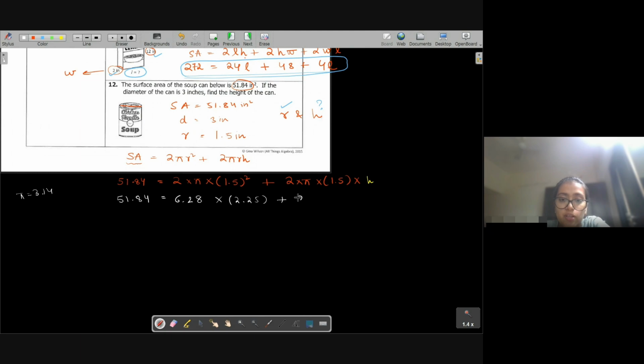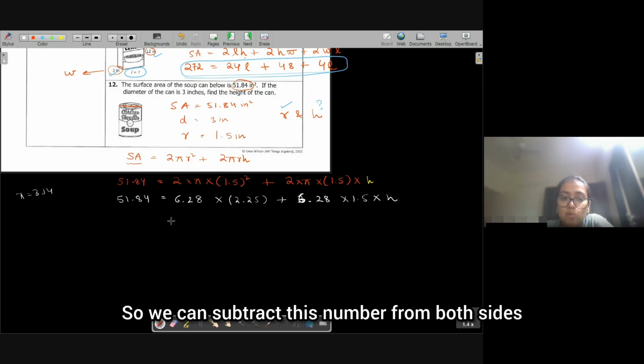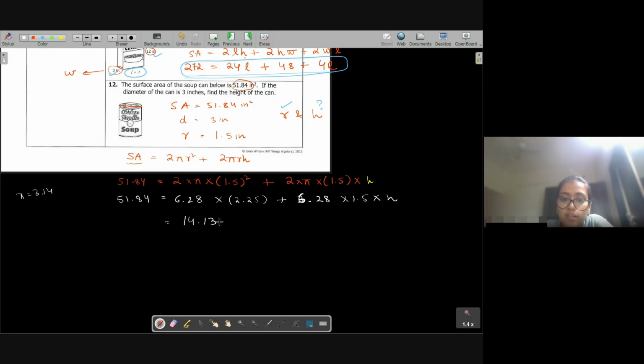Again, this will give you 6.28 times 1.5 times h. 6.28 times 2.25 is 14.13, plus 6.28 times 1.5, that is 9.42 h.